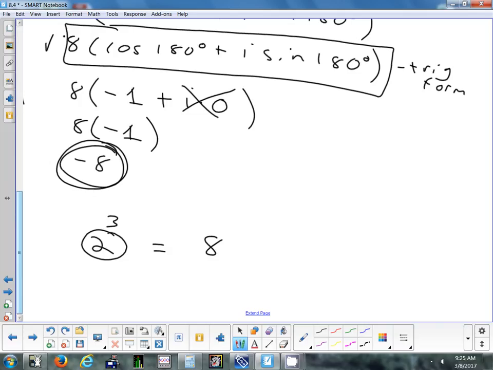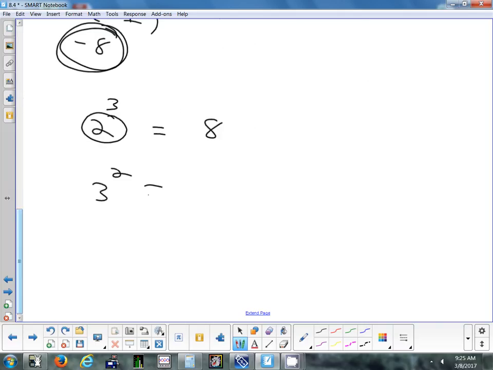If you cube it and you get 8, then 2 must be the cube root of 8. Okay? Same thing if you did this. What's 3 squared? 9. So that means 3 is the what of 9? It's the square root of 9. Does that idea make sense?